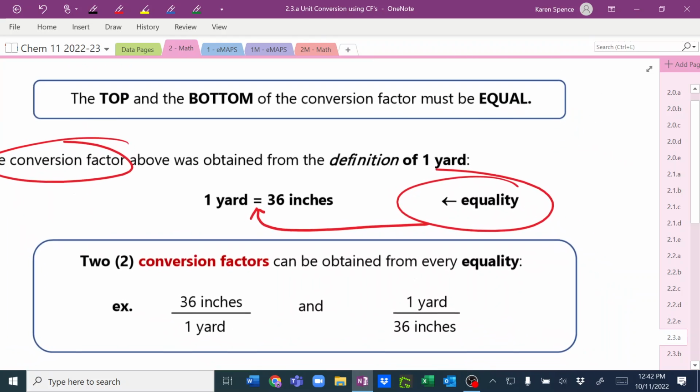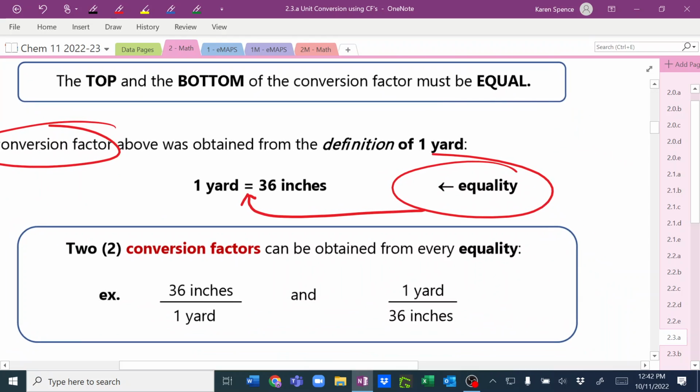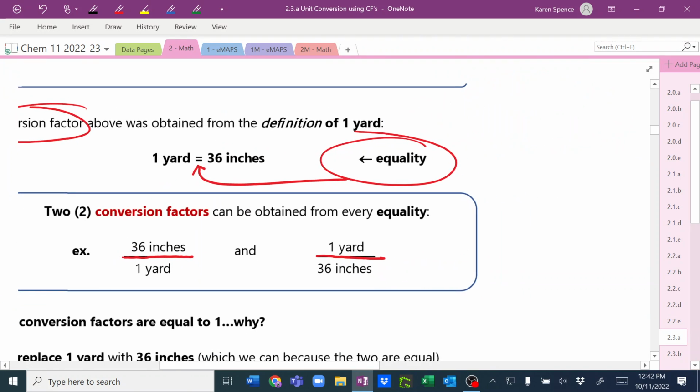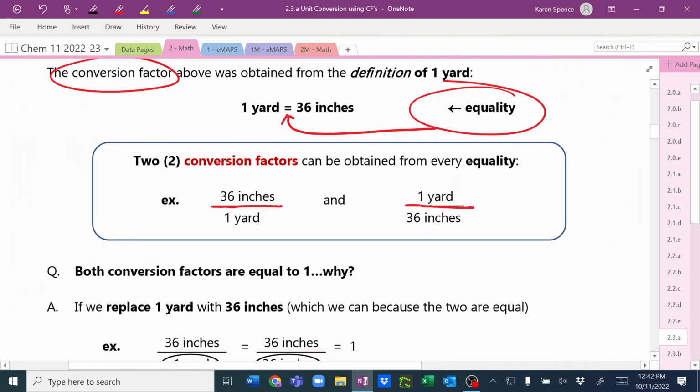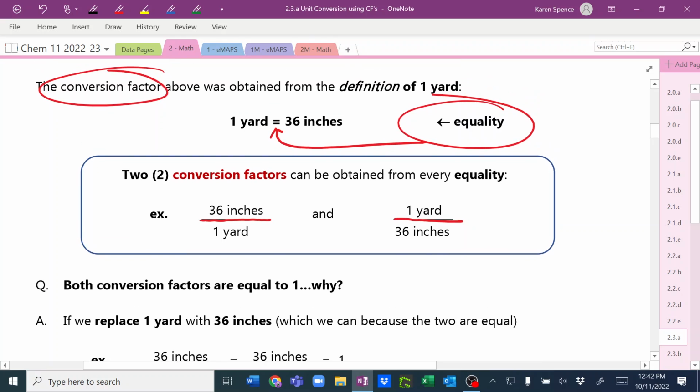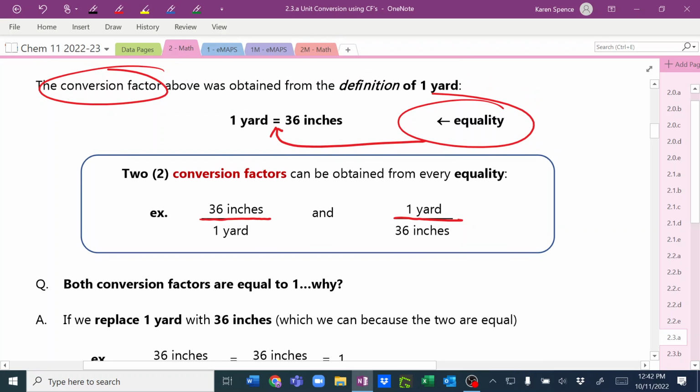Because remember, when we're writing a conversion factor, we write one thing over top of the other thing. And we can put the inches on the top and the yards on the bottom. Or we can put the yards on the top and the inches on the bottom, just depending on what we need to do with it. Okay? Both conversion factors are equal to 1.